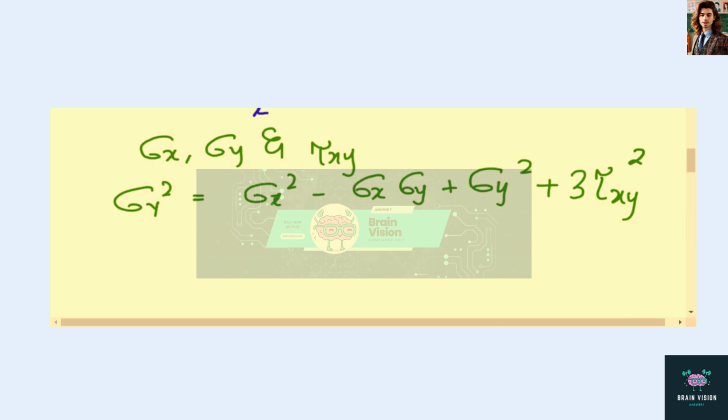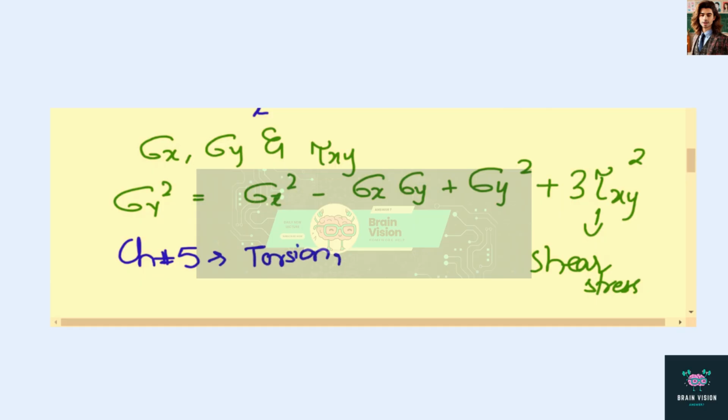Now finally we have a torque T that creates a shear stress tau. Chapter 5 deals with torsion, so recall your previous knowledge of chapter 5.